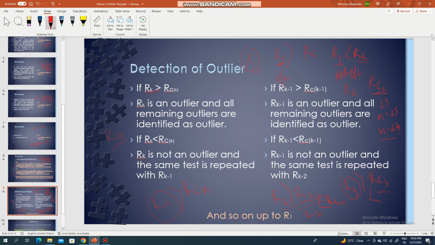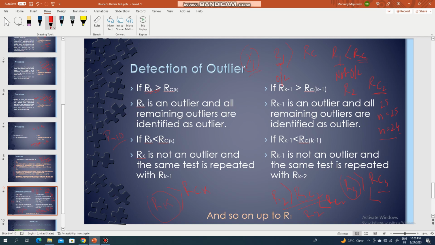Now another question you can have: you have said that you can calculate RC with a minimum of 25 or more data points, but when I remove x1 from it, the total number of data points comes to 24. Then if I remove x1 and x2, it comes to 23, and so on. But we have said that you can use RC when your data size is initially 25 or more, up to 200.